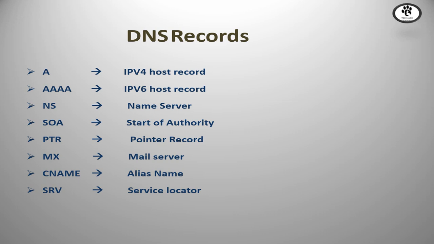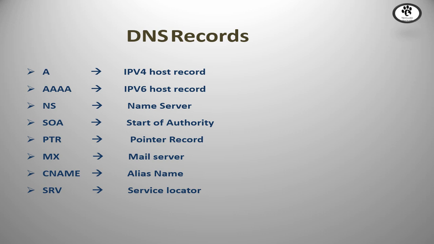First, the A record, which holds IPv4 host records. The AAAA record, which holds IPv6 host records. The NS record, which holds name server information. The SOA record, which holds DNS server information, start of authority.